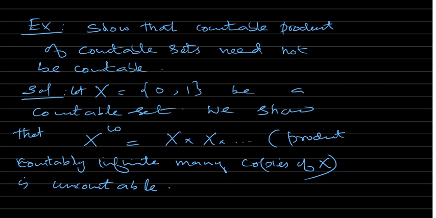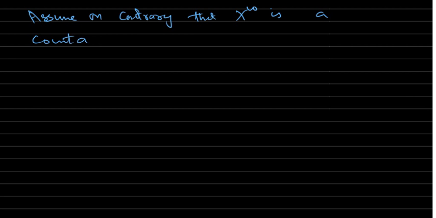What is an uncountable set? A set which is not countable is called an uncountable set. So we assume on the contrary that X power omega is a countable set.